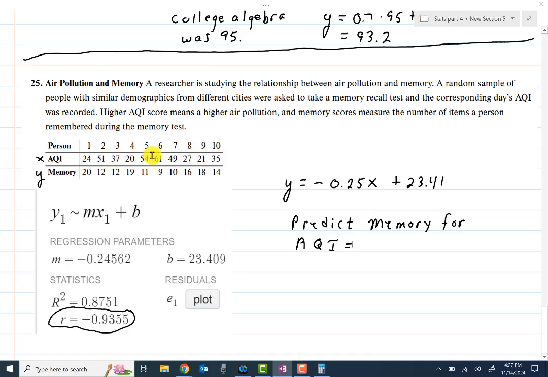So the highest number in here was 61. So let's do an AQI of 65. So Y will equal negative 0.25 times 65 plus 23.41. I get 7.16. So I'm guessing that's bad. And this completes the material for the course.